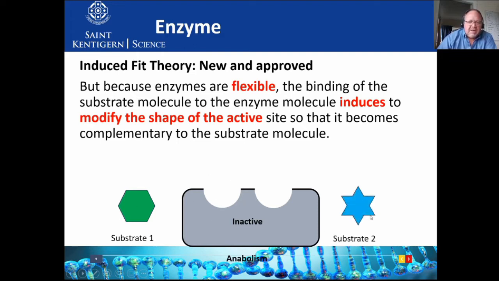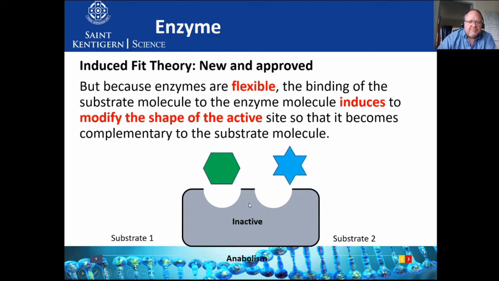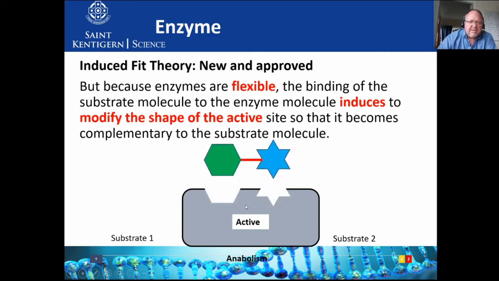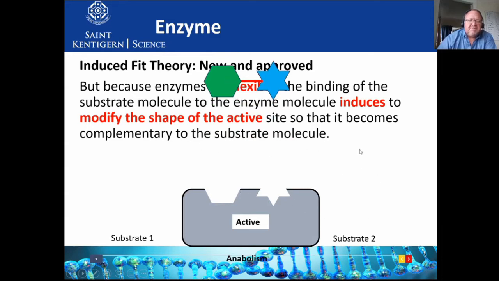Okay, and you can see this one is a star, so it will change its shape to accommodate. Now when it's activated, it changes its shape, and bang and bang, and you have a new molecule that is formed.